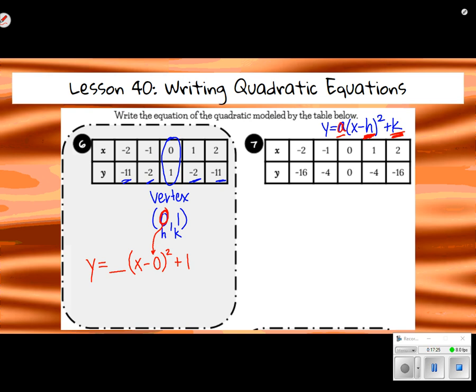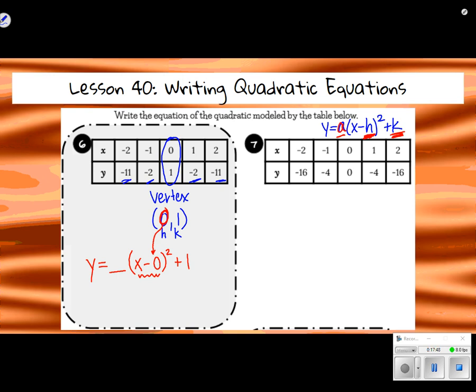Okay, so I don't have to worry about the sign on that. But if you do have to worry about it, when you figure out the vertex and plug that very first x value, that h value in, you have to change it to its opposite. Okay, now this piece can simplify. I can get rid of x minus 0 and just turn it into x squared.